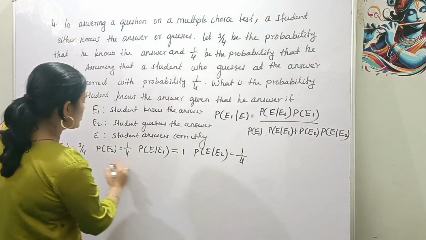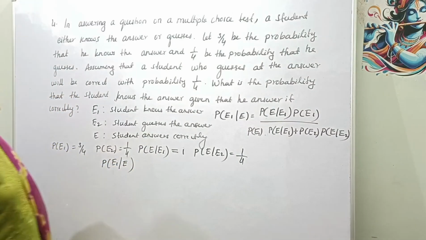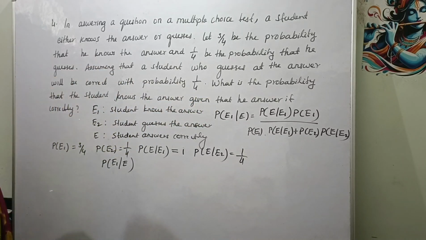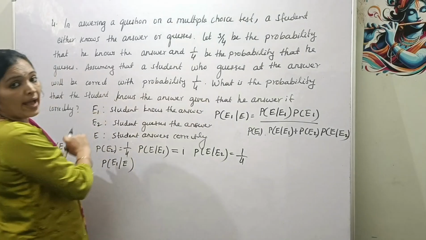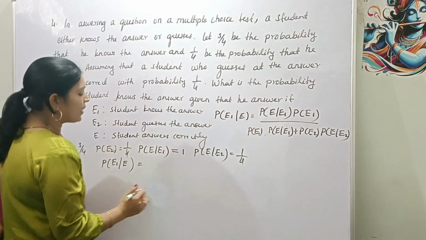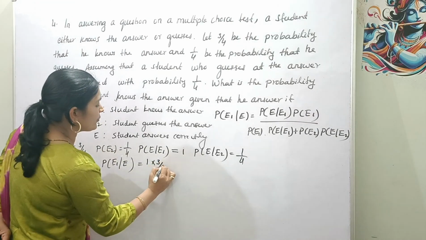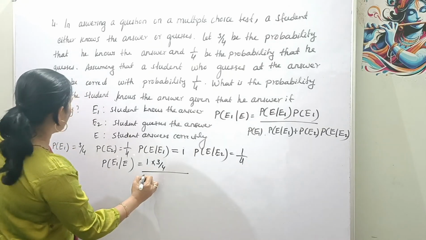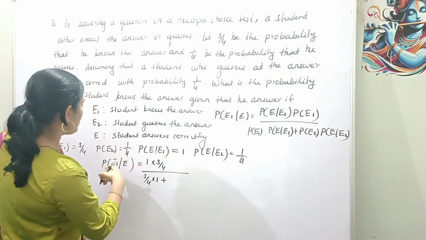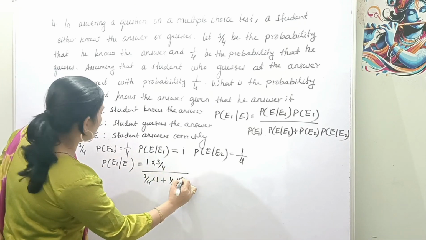Now substitute. The probability of E1 given E, that is, the probability that the student knows the answer given that he answers the question correctly, is the probability of E given E1, which is 1, into the probability of E1, 3 by 4, divided by the probability of E1, 3 by 4, into 1, plus the probability of E2, 1 by 4, into 1 by 4.